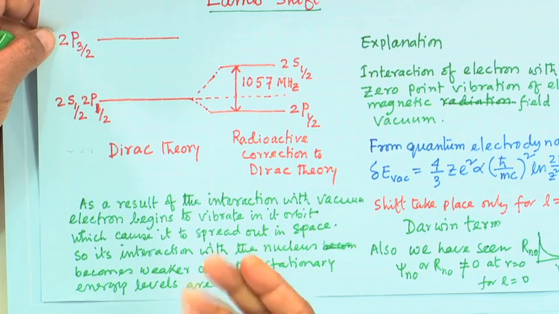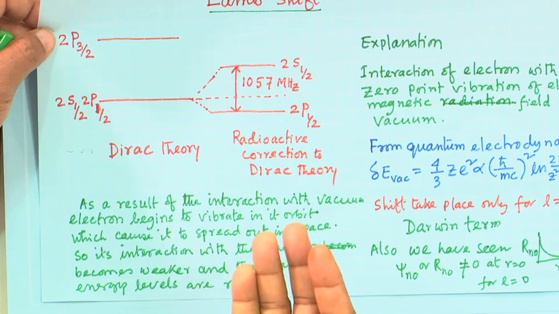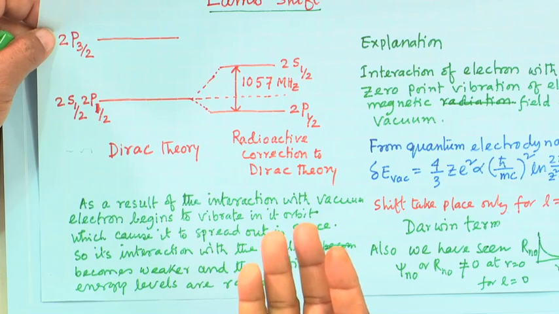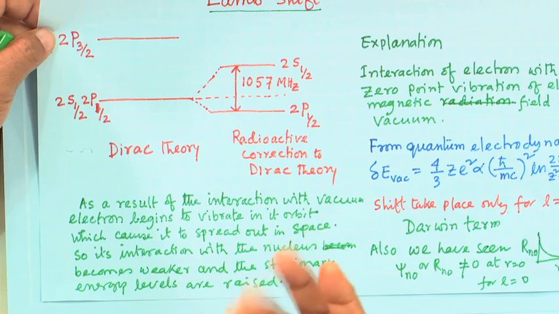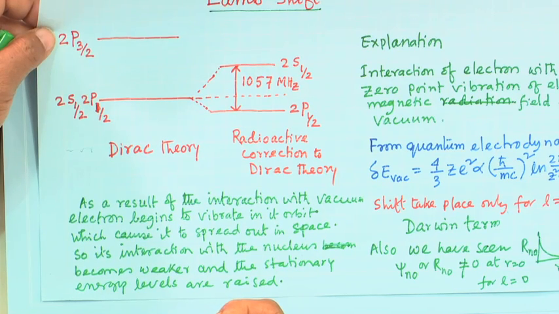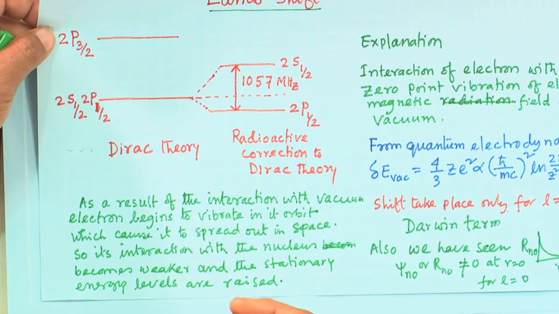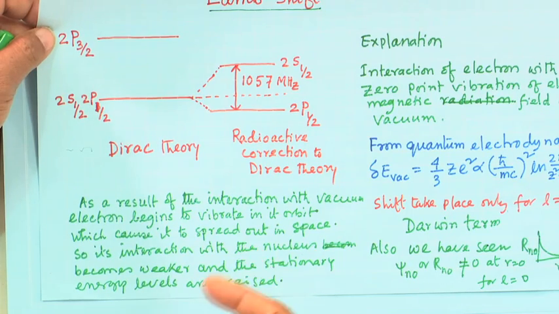The energy level depends on the potential energy, V(r). Potential energy tells about the interaction between two charges, here the electron and the nucleus. It tells whether the interaction is weaker or stronger.